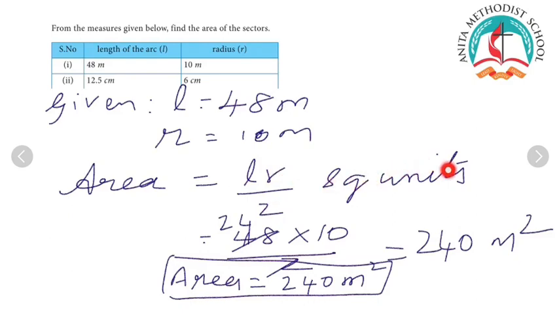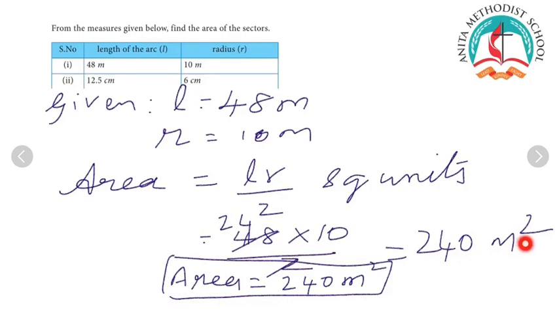Apply the arc length value and the radius value by 2. By cancelling, we get 240 meters square.